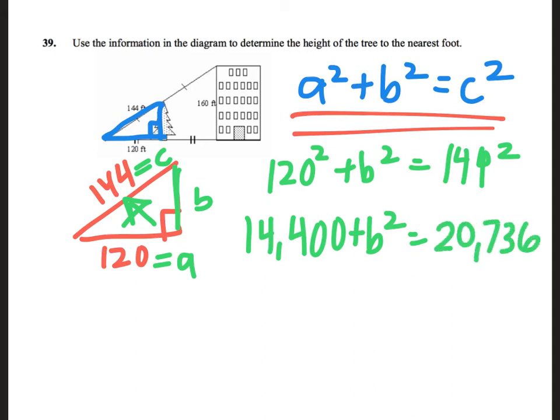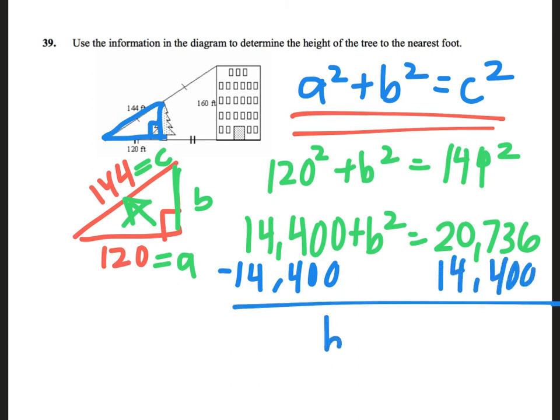20,736. I'm going to move this 14,400 to the other side by subtracting it. Anyways, that big number, we're going to subtract it. And we get B squared equals 6,336. Now my last step is to take the square root of both of these things.